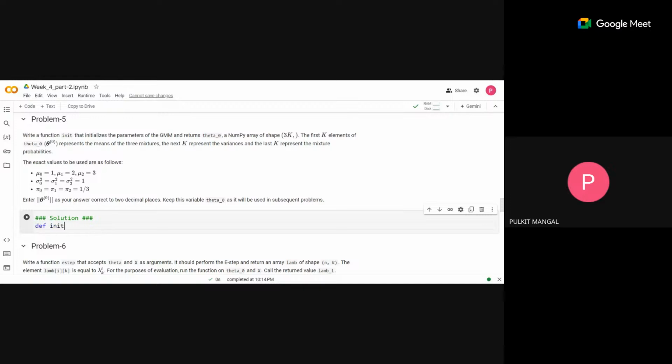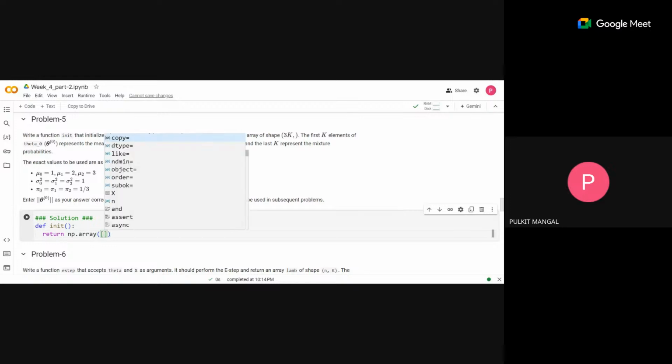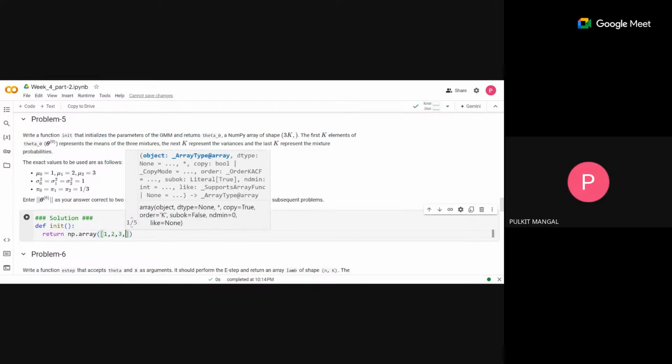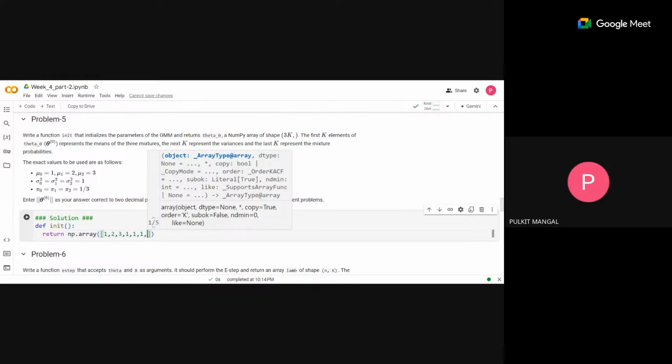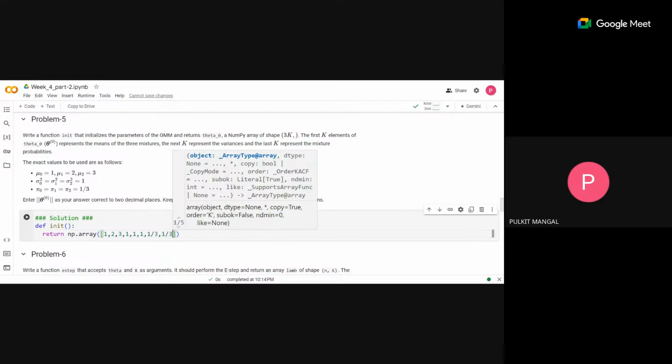So let's write def init, and it will simply return a numpy array in which the first 3 parameters are the means, so 1, 2, 3. The next 3 are variances, so 1, 1, and 1. The next 3 are mixture probabilities, so 1 by 3, 1 by 3, 1 by 3.